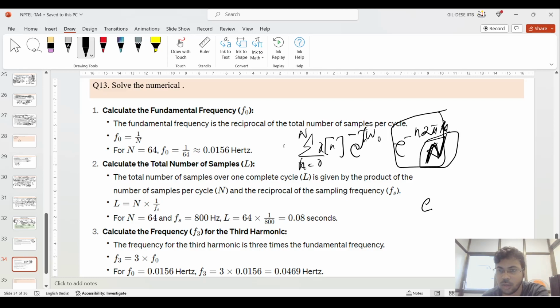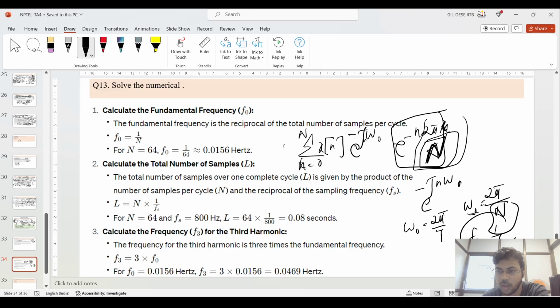So what you will understand is, in the continuous domain, that is j n omega naught, if you compare, omega naught is 2 pi by T, and in the same way in the discrete domain omega naught is 2 pi by N, where N is the number of samples per cycle. So the frequency, if you are considering it in Hertz, is 1 by T, and N will come.